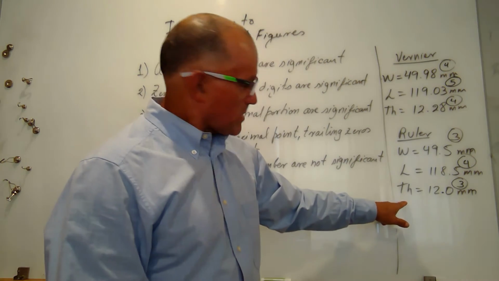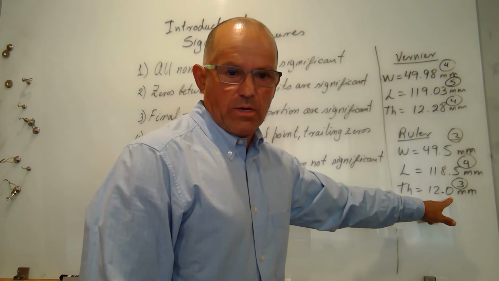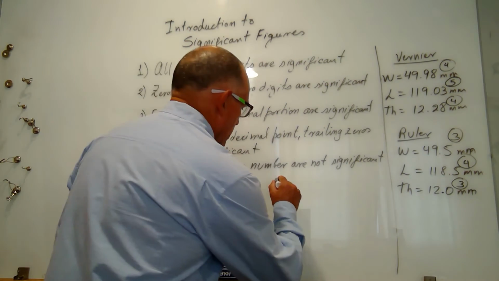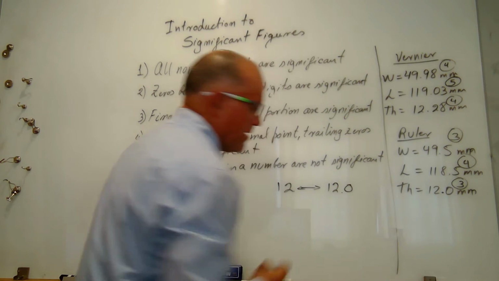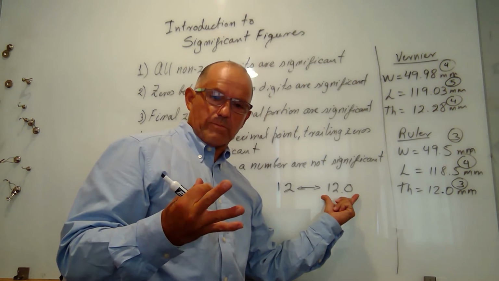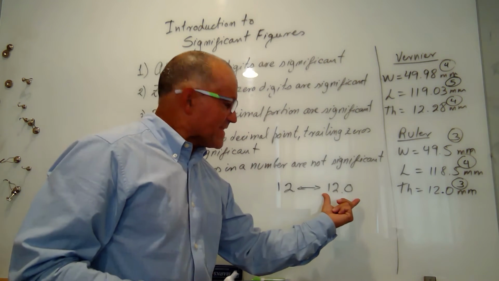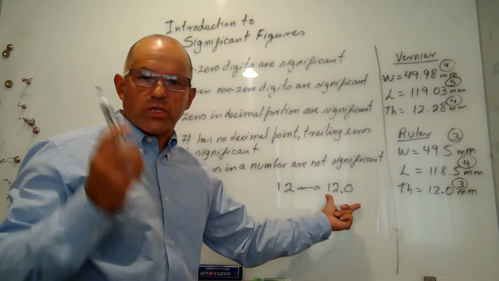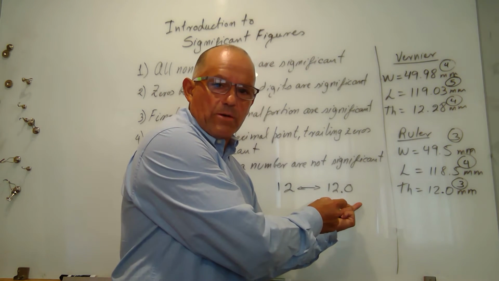Here, the thickness using the ruler has 12.0. Even though it's the same number as 12, 12.0 has 3 significant figures. 12 only has 2. What's the difference? Well, in this case, this reflects the precision of the instrument that has been used to measure this number.